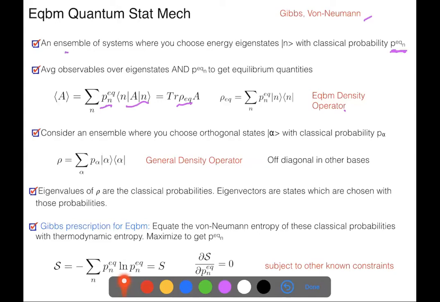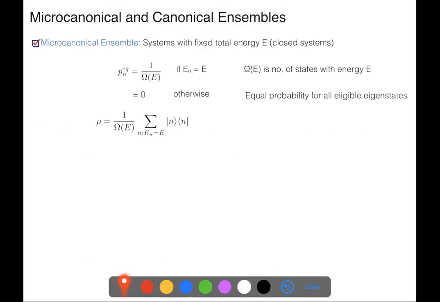You basically find the equilibrium by maximizing this von Neumann entropy. You treat P eq n as some sort of variational parameter, and you maximize the entropy, and that gives you the equilibrium distribution.